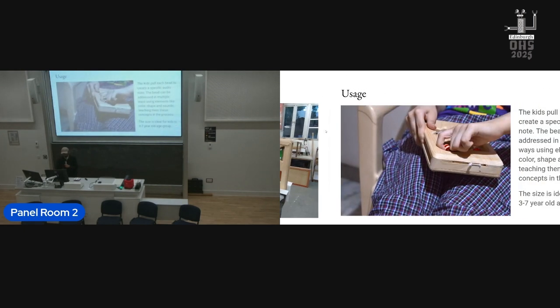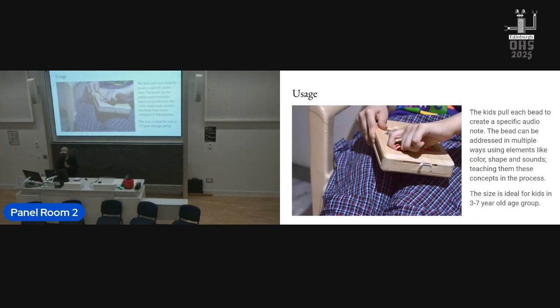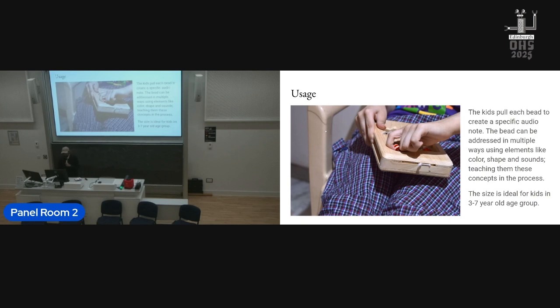And this is how it would be used. Basically, you just pull a string, pull a bead, like over here you have several beads. You pull one, and then it makes a sound. And these beads are designed in such a way that they imitate a lot of different kinds of grips.